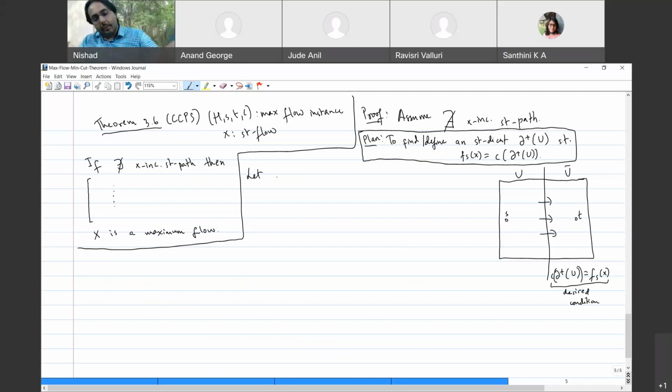Okay. So what we will do is let U be the set of all vertices that are reachable from S using x incrementing paths.